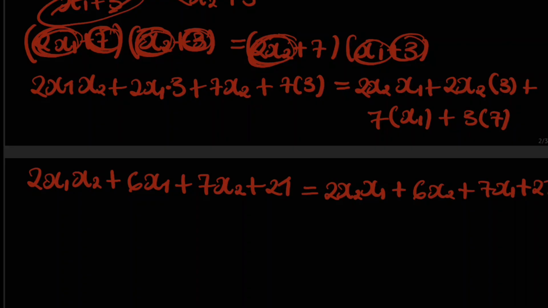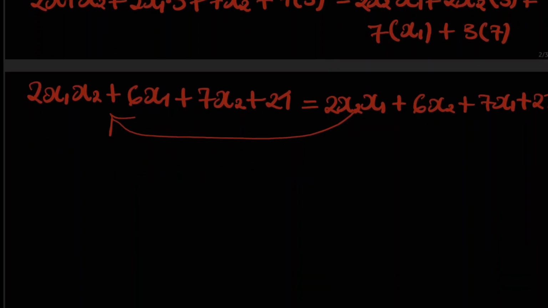Okay, so this is what we have now. We are going to simplify. If we bring this way, we are going to have 2x1x2 minus 2x2x1.